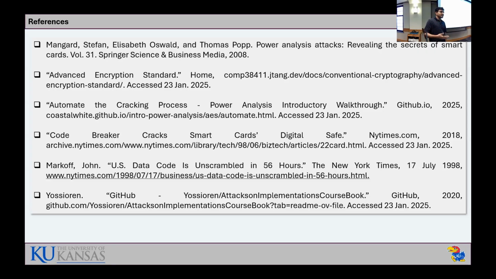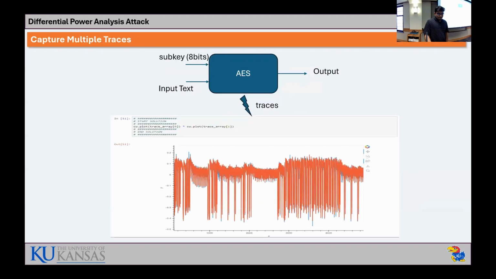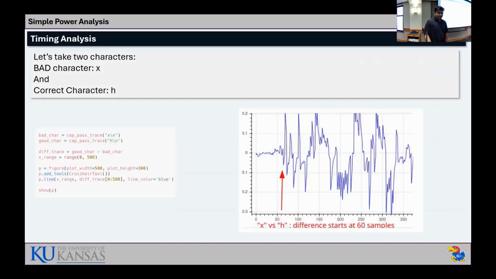You don't need your own data; they already have the data uploaded. You just have to run that code on your PC, and you'll see that you are retrieving their information. But if you want to change the key or the plain text and do the same attack again, you'll need the real hardware. That's all. Any question?